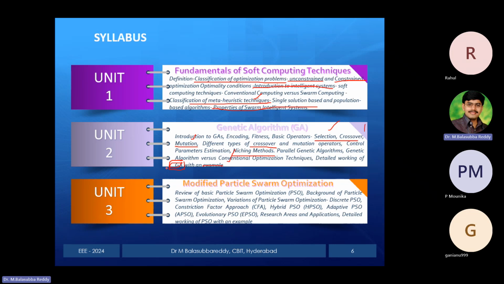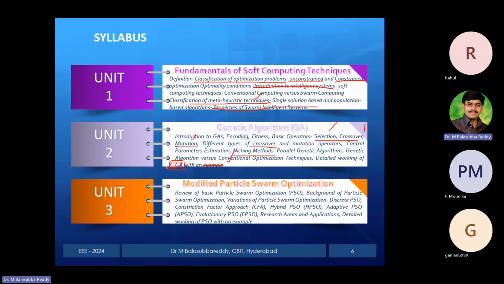In that, the background of PSO, variations of PSO, discrete PSO, and another one is the constriction factor approach, CFA, or you can say CPSO, as we also call it. So how the variables are going to be set using this equation.